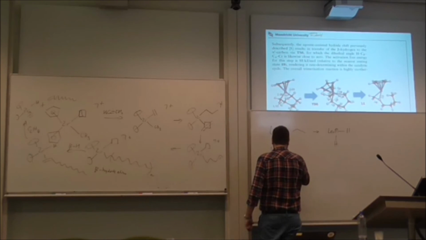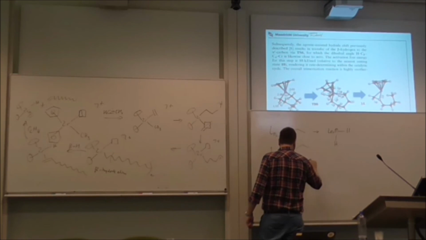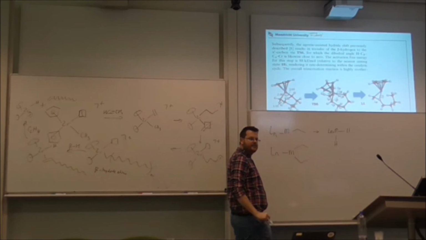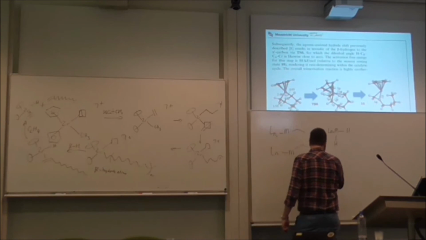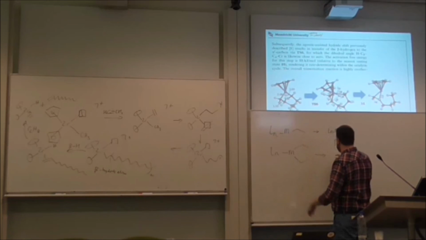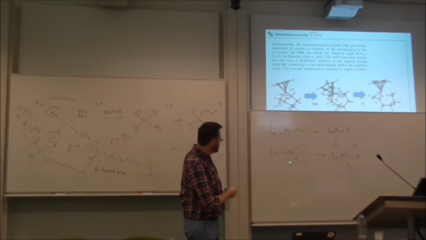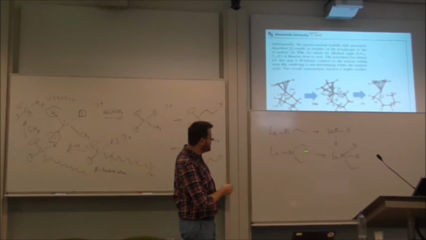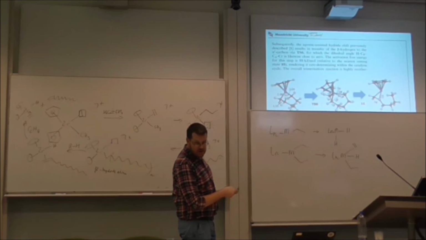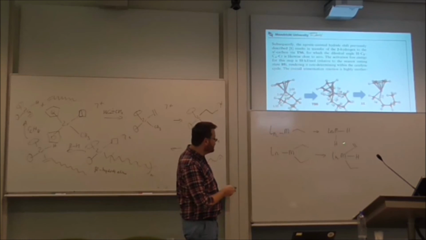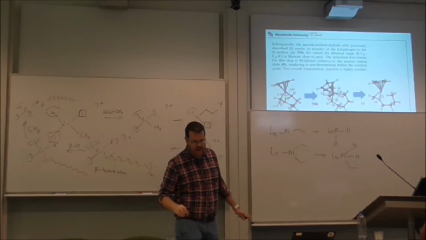If you have something like that, two alkyl groups, and one of these undergoes beta H elimination, the first step is having an H, having an alkene, and having that. You see that? That's what beta H elimination is. So if I beta H eliminate this ethyl group here, that's the consequence. Do you agree with me? Does everyone agree with me? An alkene, an H, and I haven't done anything to this alkyl.